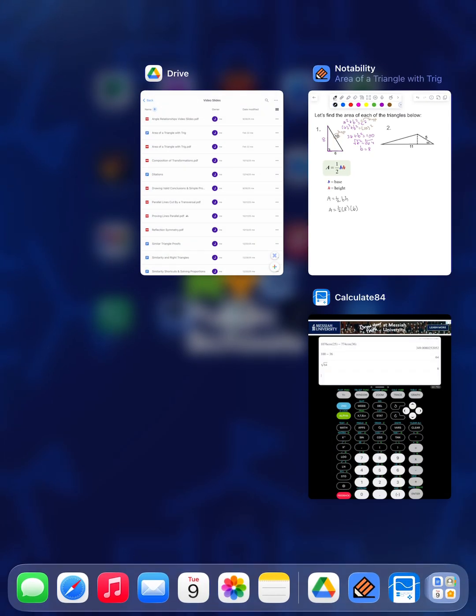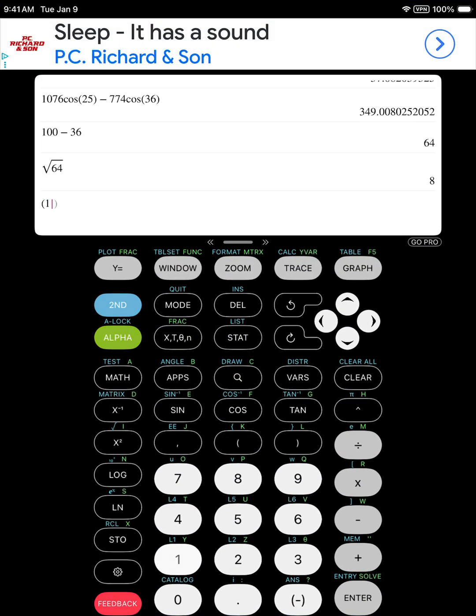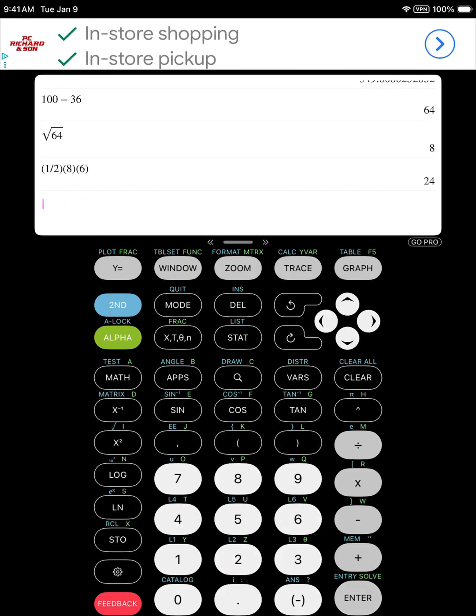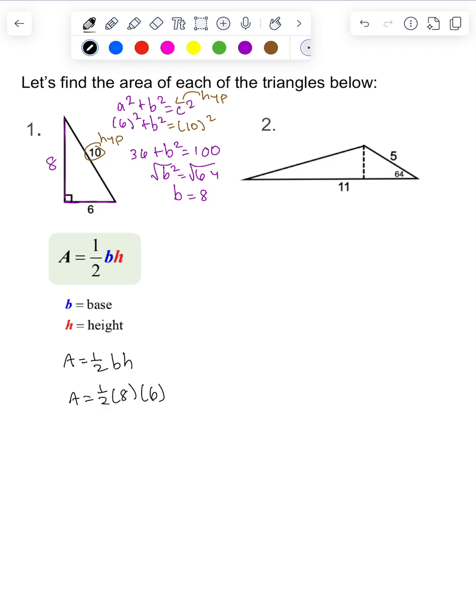So if I type that in, I get 24. And we do measure area in square units, so I'm just going to write down units squared.